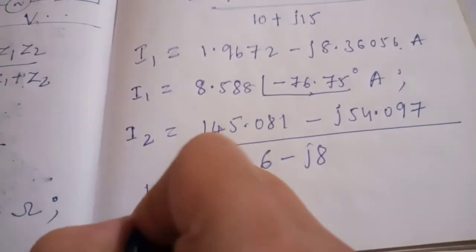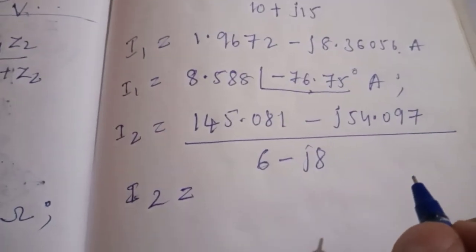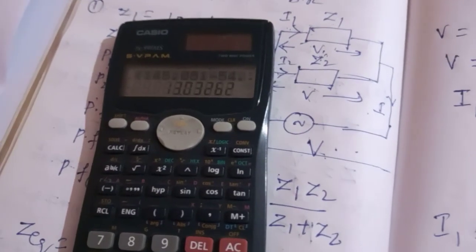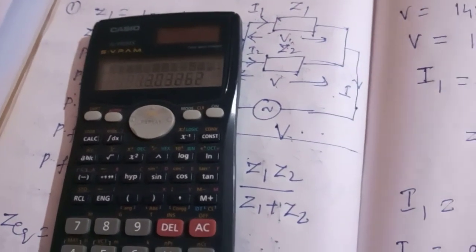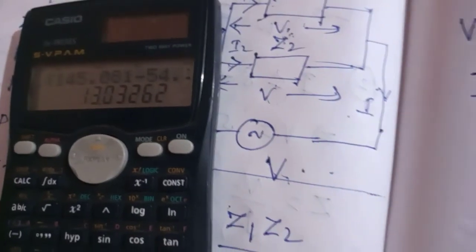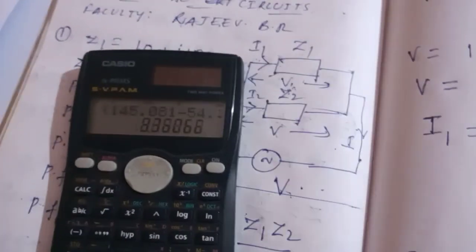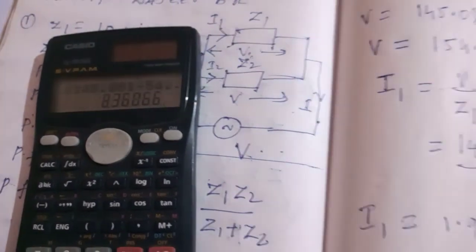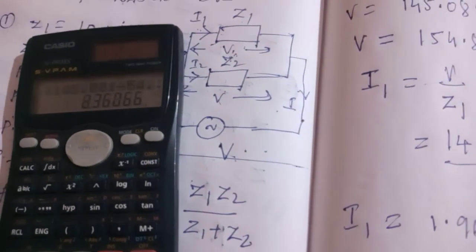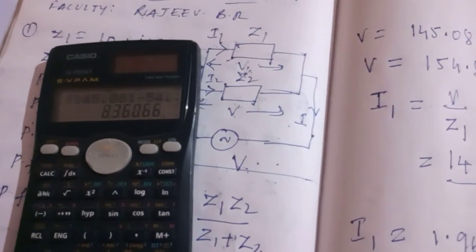Okay, I2 is equal to, after calculating this in complex mode of the calculator, it will come around 13.032. To see the imaginary part, shift is equal to plus j 8.360 amperes.